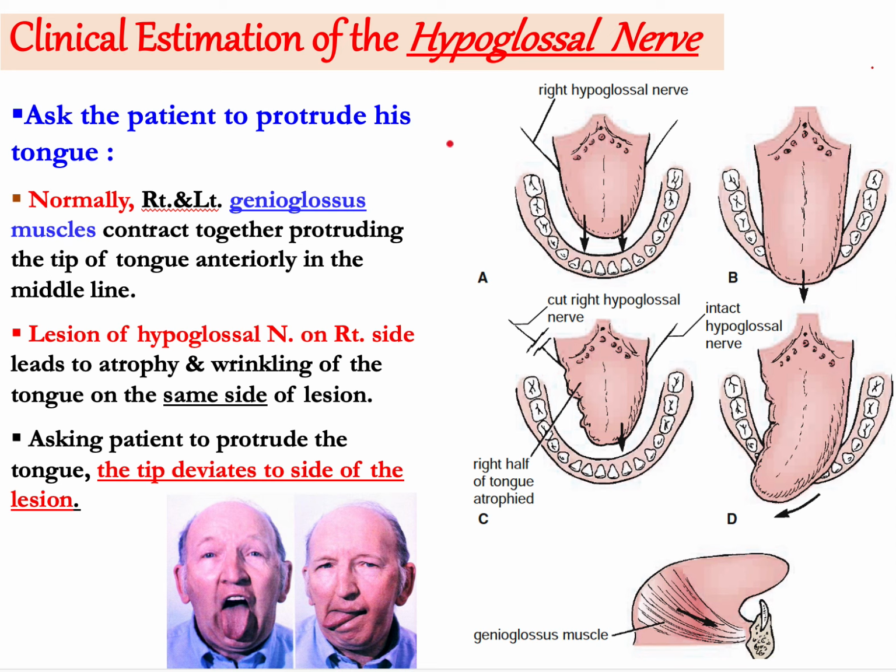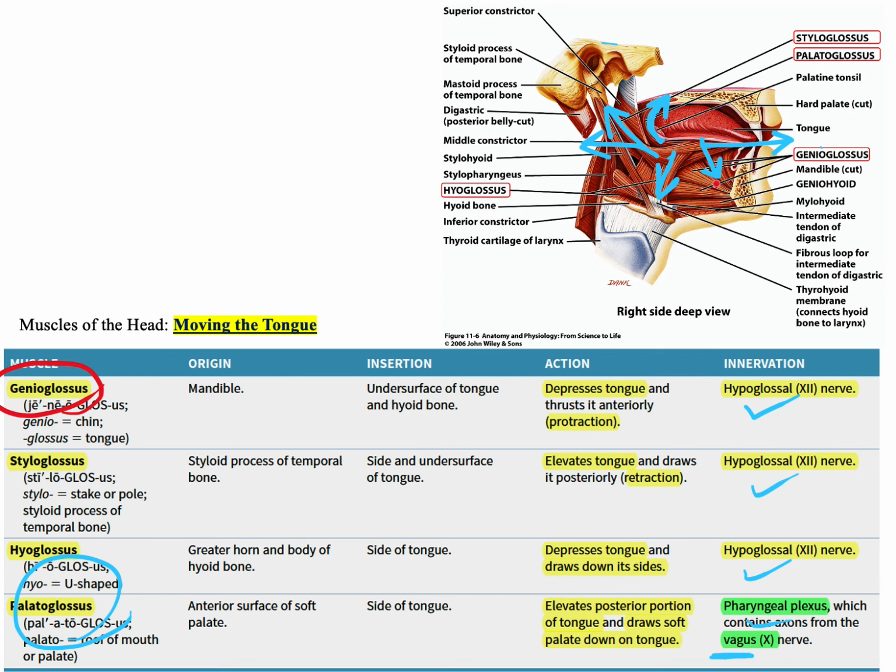You can test cranial nerve number 12, which is the hypoglossal nerve, by asking the patient to protrude his tongue. Why do you ask him to protrude his tongue? Because you remember we mentioned before, a couple of slides ago, that there is a muscle known as the genioglossus muscle. Let me show you again and remind you.